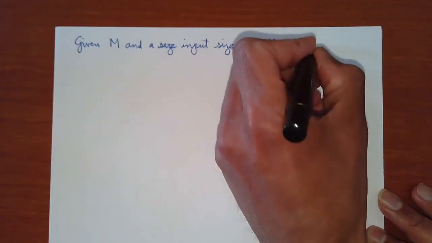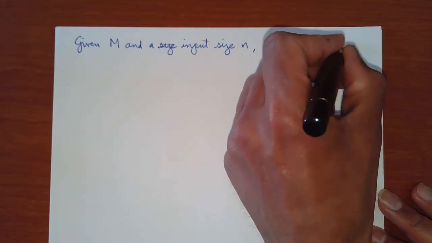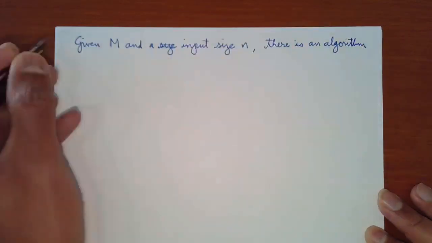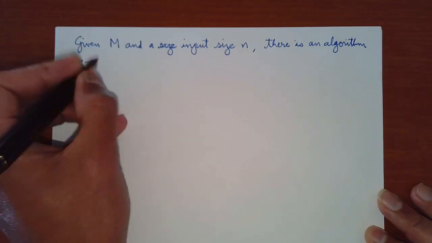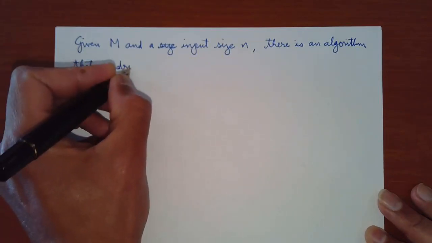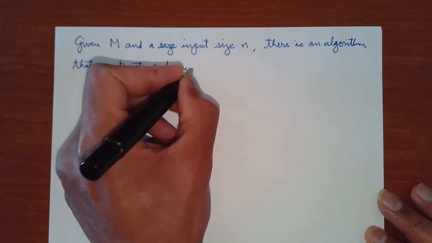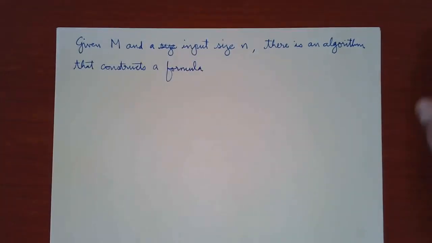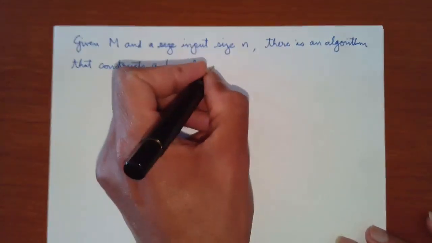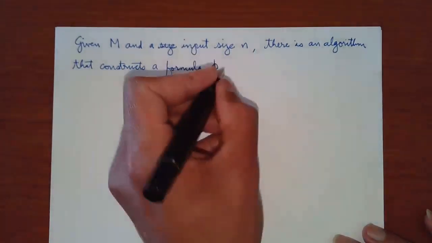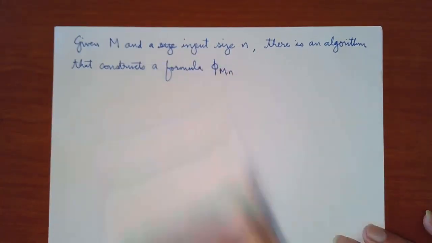There is an algorithm that constructs a formula, I'll call it phi of capital M comma n, right?